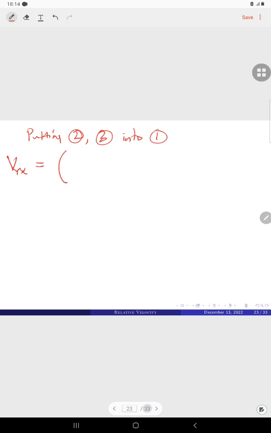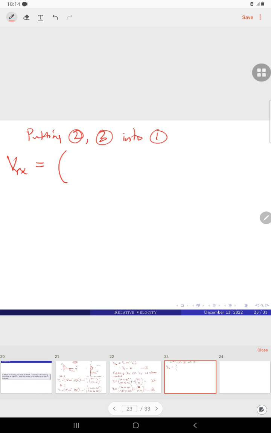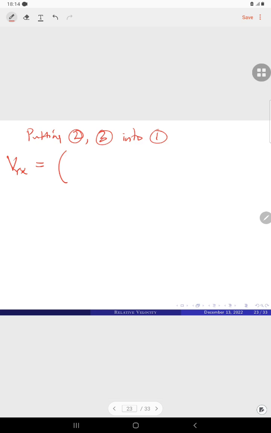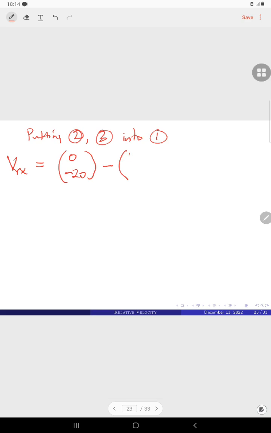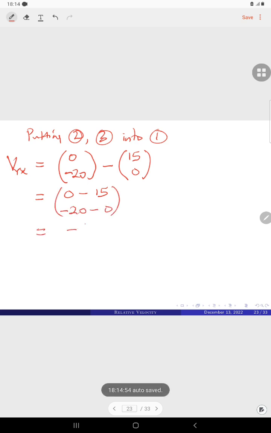So what is our VY? 0, -20. Minus our VX, which is 15, 0. When you simplify this, what do you get? 0 minus 15, -20 minus 0. We end up getting -15, -20. So this is kilometers per hour.